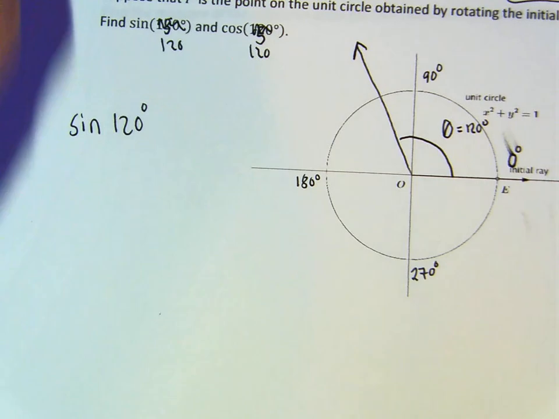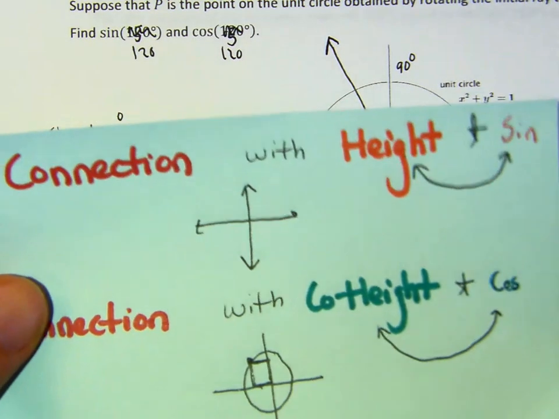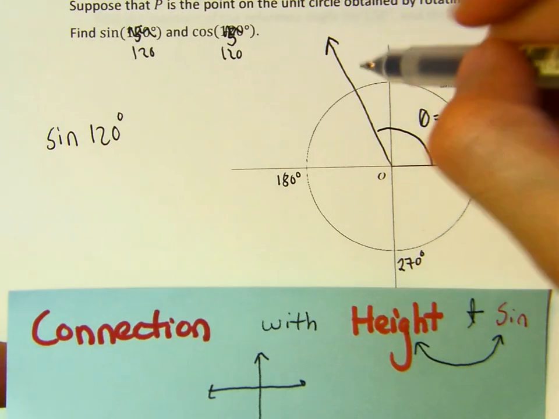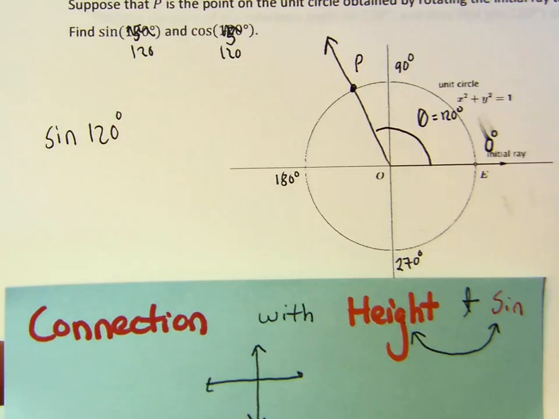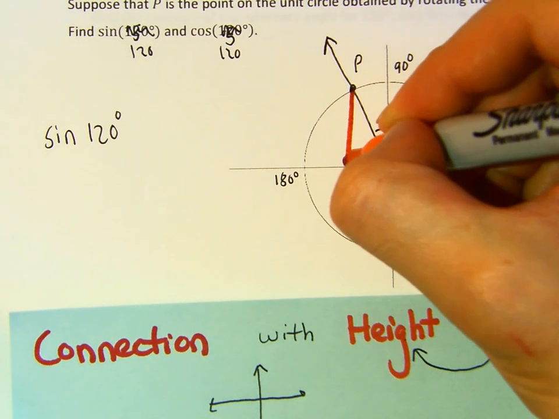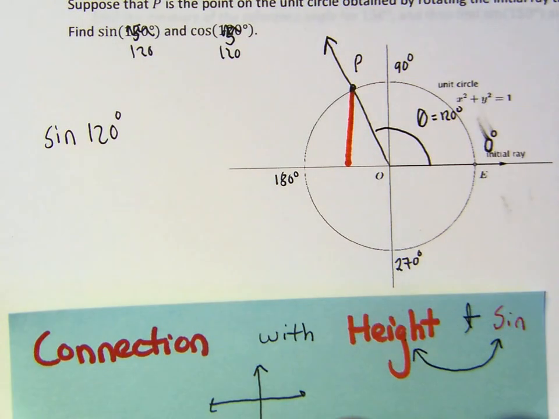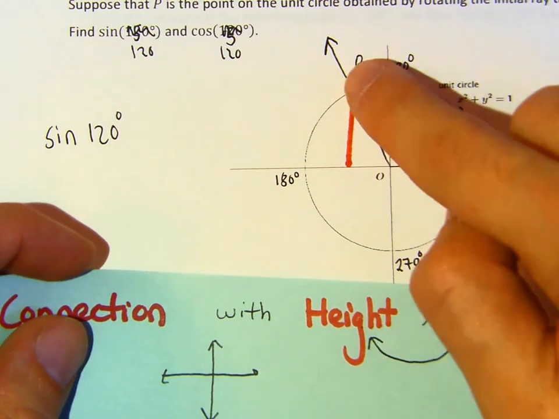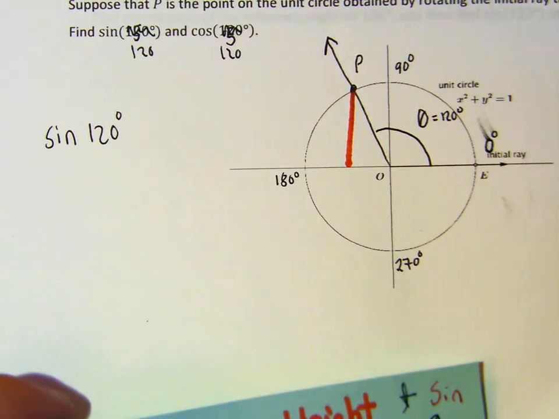The connection with sine and height, when we talk about height, what is the height of this point P? If we were to find the height is the distance from here to here. But watch what is going to happen, because when we find sine, we're actually going to be finding the height. And let's see how this actually works.